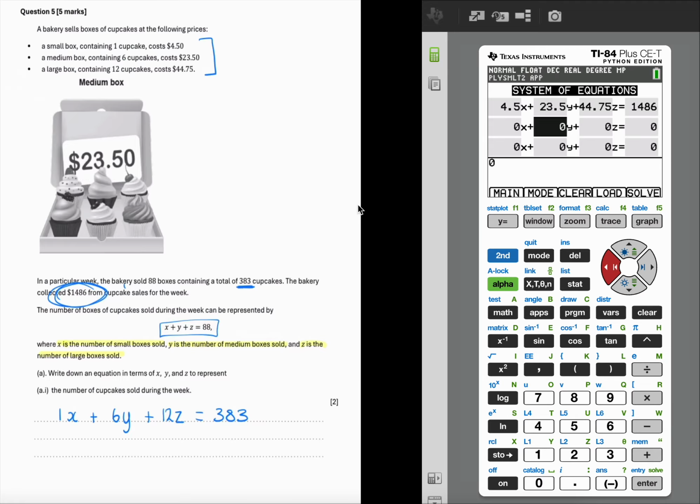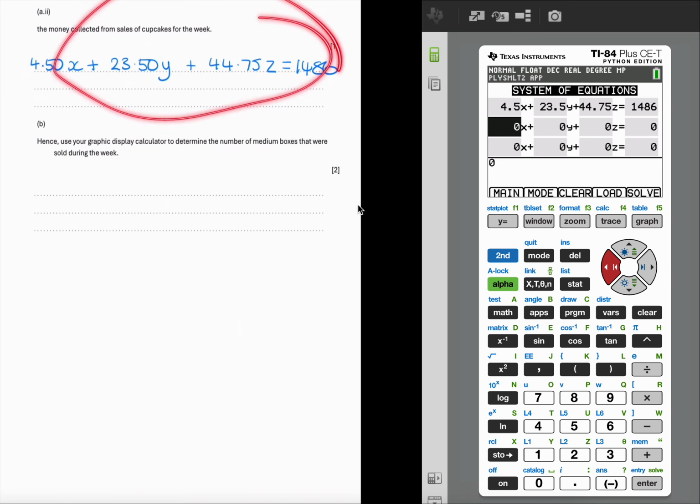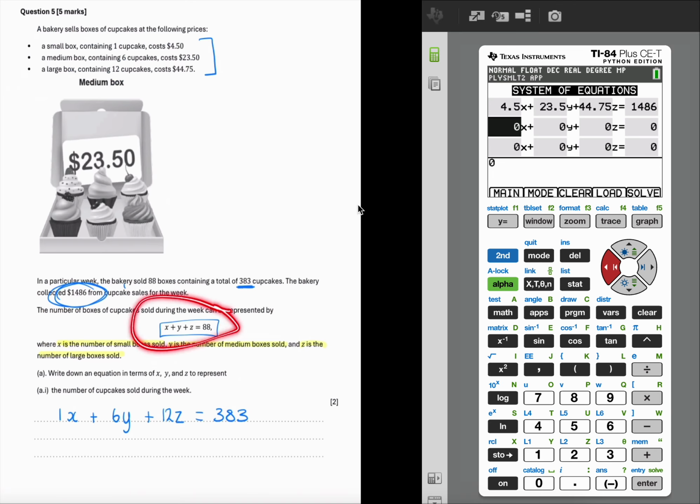So we then have 2 more equations. So we've used this equation here, but we also have this equation and this equation. So we need to type both of those in. So we have 1x, 1y, 1z equals 88. And then we also have 1x, 6y, 12z equals 383.